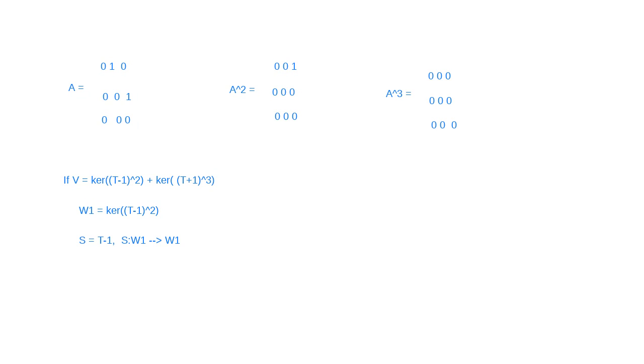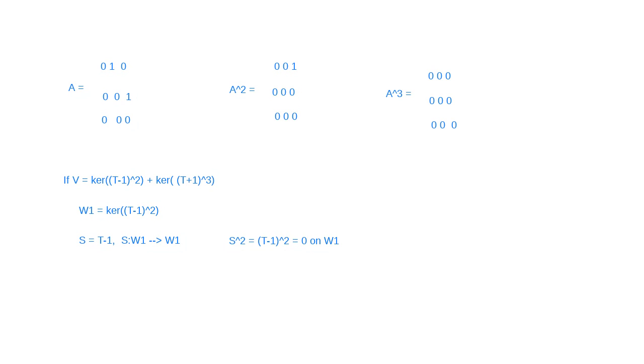And S squared, which is T minus 1 squared, is 0 on W1. So when we look at only vectors such that T minus 1 squared of v equals 0, that tells us that T minus 1 is a nilpotent linear transformation on W1.